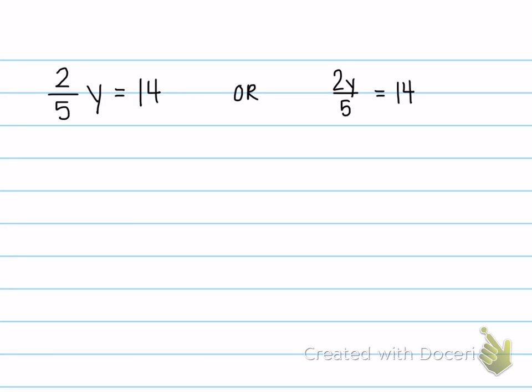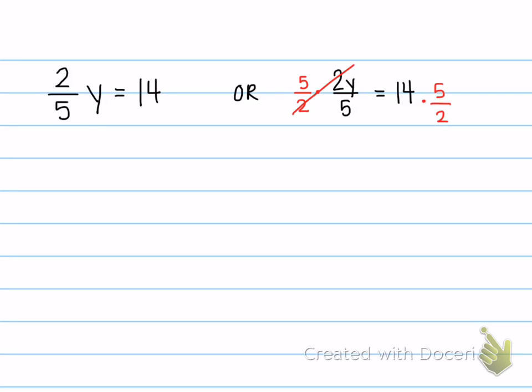So you have to recognize in both of these situations that you're doing the exact same thing. You have a fraction multiplied to a variable, so you need to use the reciprocal. I'm going to solve it on the second problem because they're solved exactly the same way. If I have 2/5 y, I'm going to multiply by the reciprocal, which is 5 over 2, and the other side by 5 over 2.